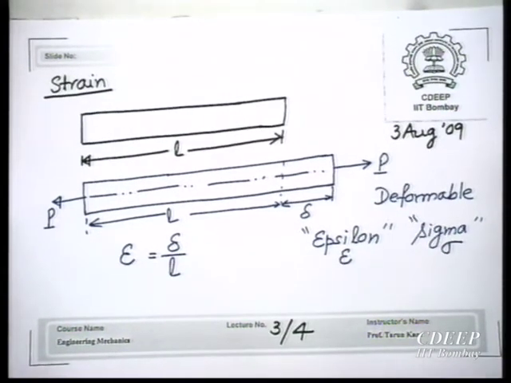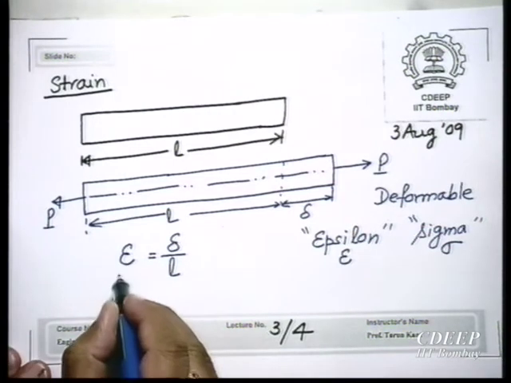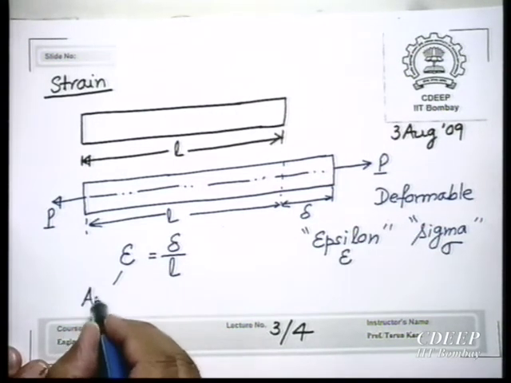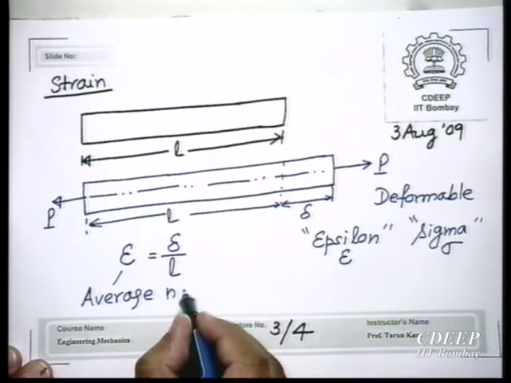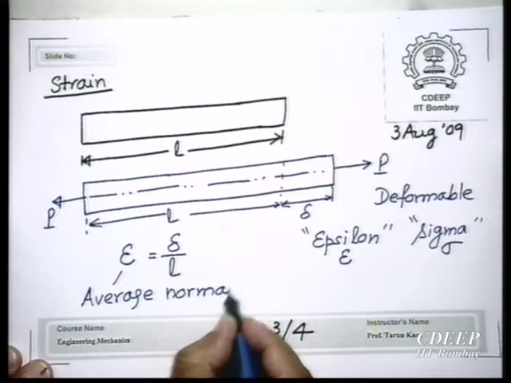Change in length per unit length. Now, this is a measure of the elongation that has occurred in the entire rod, and in an average sense we are defining it. Then again, this is under the action of only normal load, normal stress. So we call it the average normal strain.